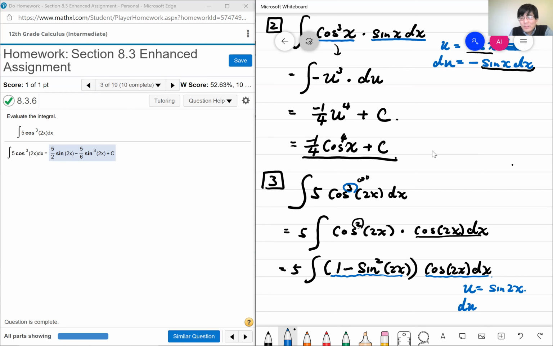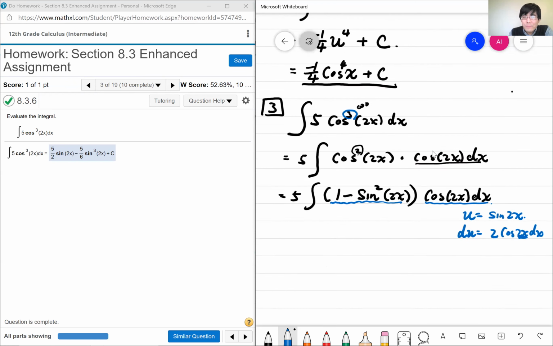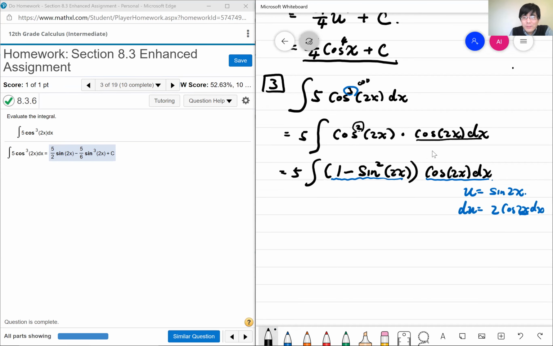Then du is equal to cosine 2x dx times the derivative of the inside, which is 2. So after the substitution, it's going to be 5 times the integral of 1 minus u squared times 1/2 du.